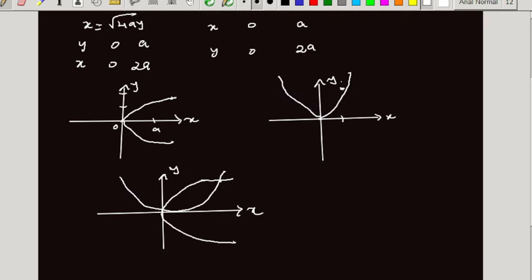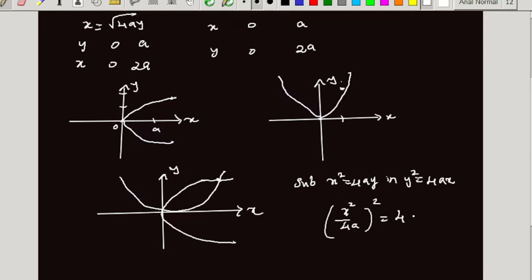If it is difficult to find the point of intersection, then we can do one thing: substitute x square equal to 4ay in y square equal to 4ax. So here y is nothing but x square by 4a. So x square by 4a whole square equal to 4ax.